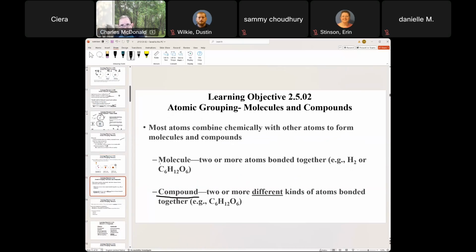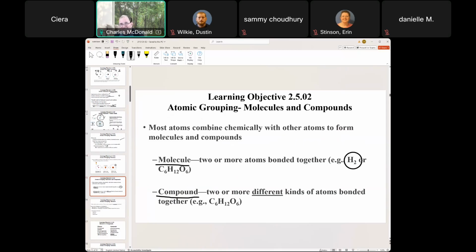Here's some more terminology, guys. Anytime you get 2 or more atoms that connect by sharing electrons, you've got a molecule. Now, there's a special kind of molecule that's called a compound, and the difference between this and a regular molecule is that, remember that H2 I showed you, those 2 hydrogens?